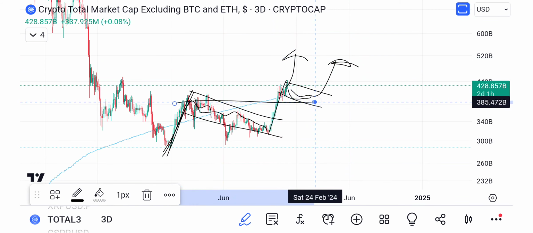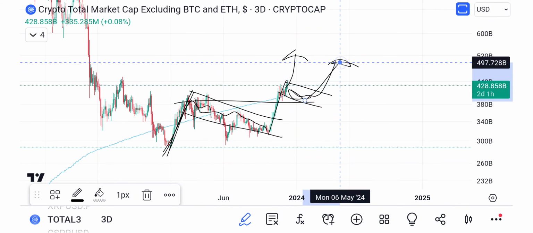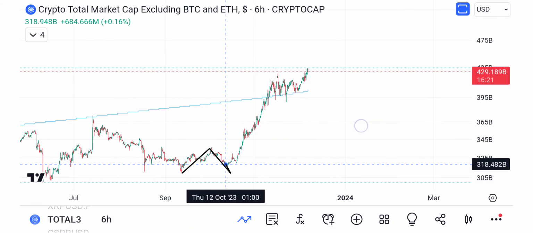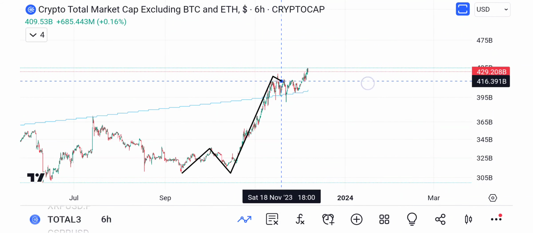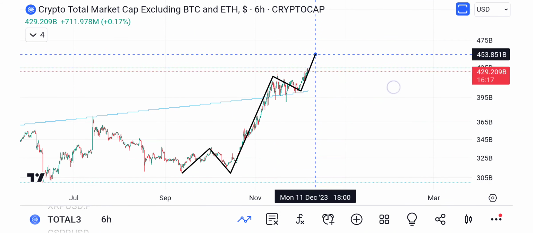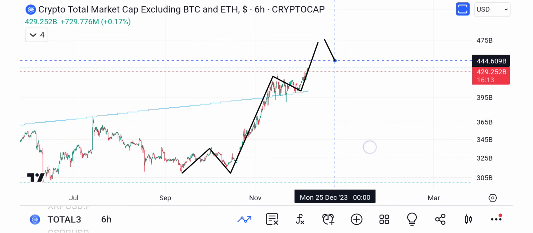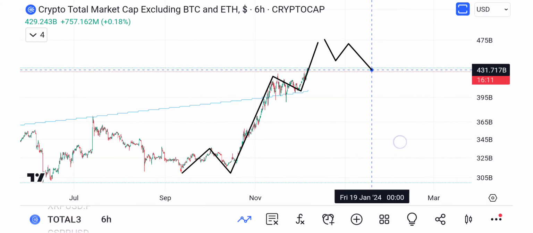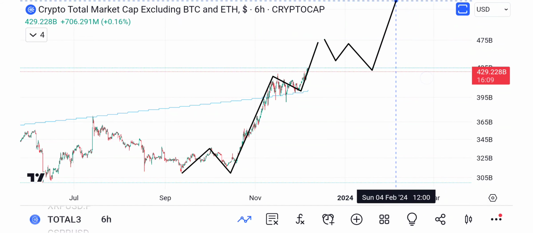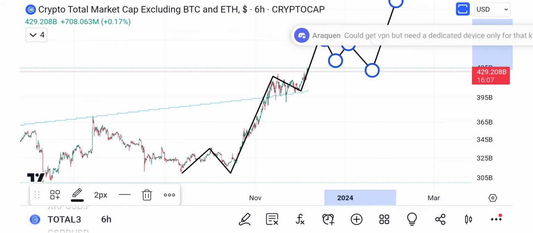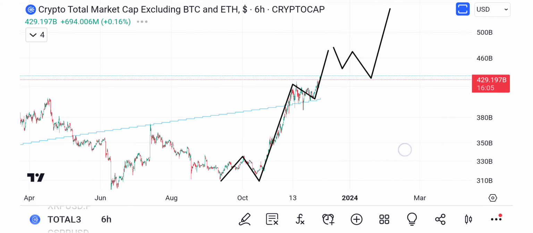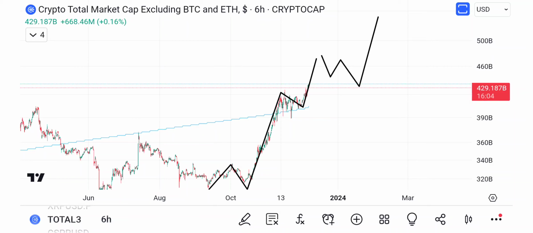So the question is, do we get a back test first and then go up? We just have to wait and see. I think this is a 1, 2, potentially a third wave, right? And now we're in wave 5, right? So then what happens next? Probably an A, B, C pullback, and then another push to the upside. So we just have to wait and see. But right now, I'm definitely bullish.